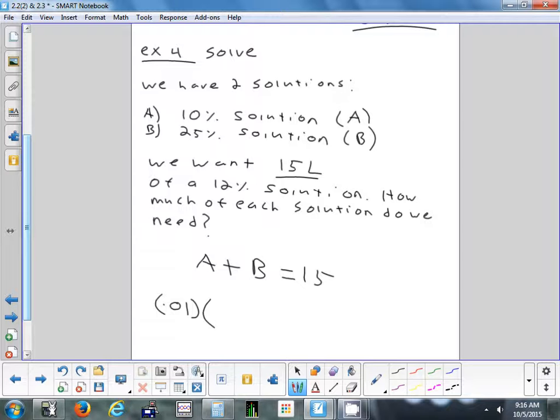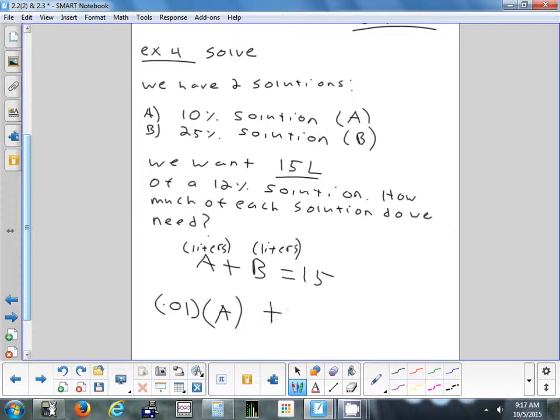And once we mix them together, we're going to have a total of 15. But right now, we don't know how much of either one we're going to mix. So this is liters. So I'm going to mix A liters here, and that's also liters. So how much of the 10% solution are we mixing? A liters. We don't know how much.